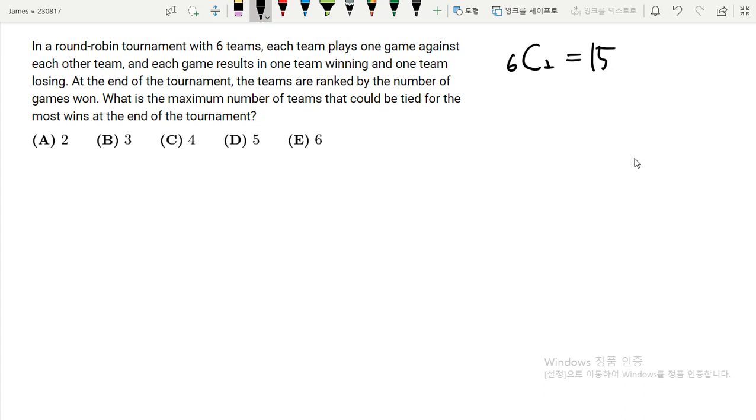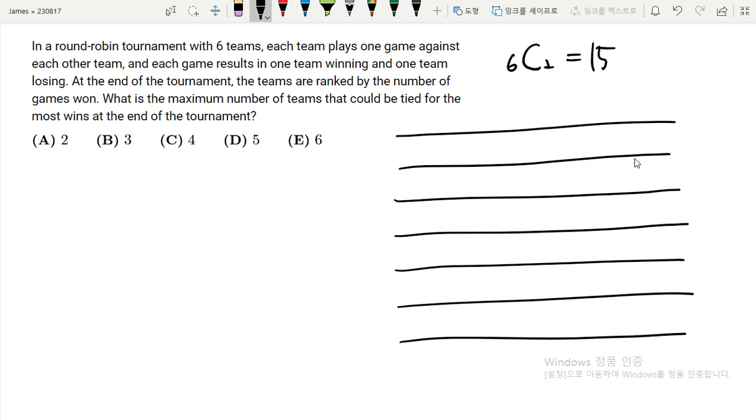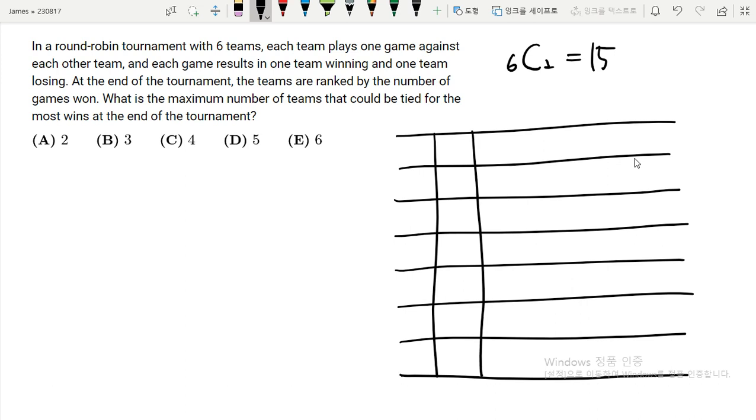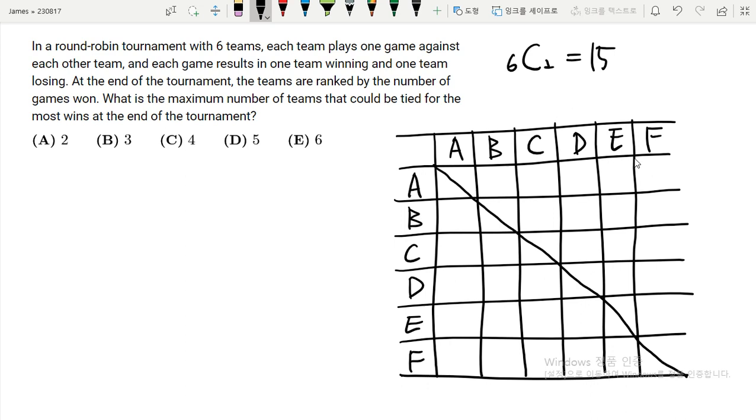So let's see if that's really possible. Let's say the 6 teams are A to F, and then one team should be sacrificed.